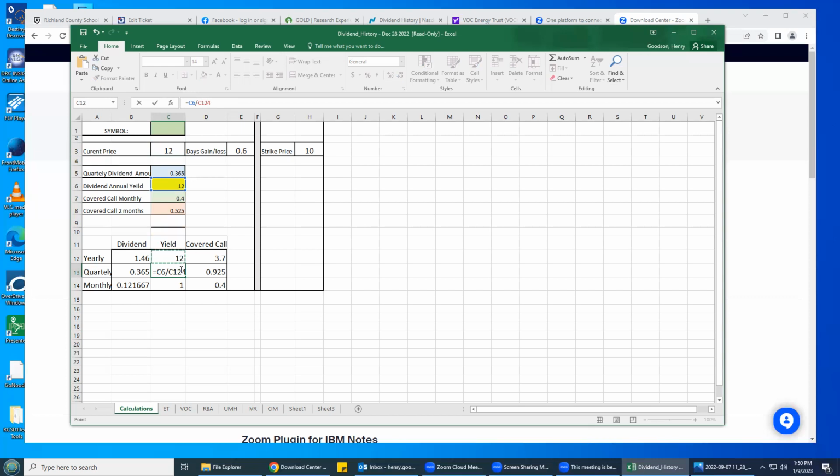And this part was if we are going to calculate covered calls. At the time I remember what it was, but we'll come back to that. So basically, when you look at a dividend, you've got to know exactly what percentage that is per year, per month, and per week.